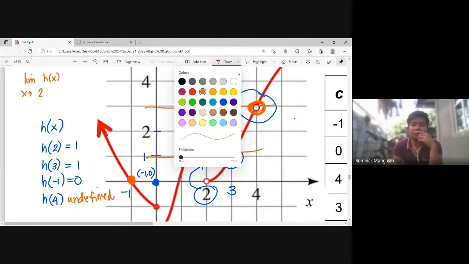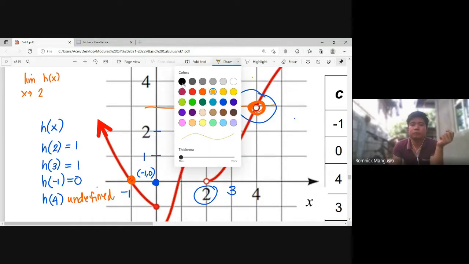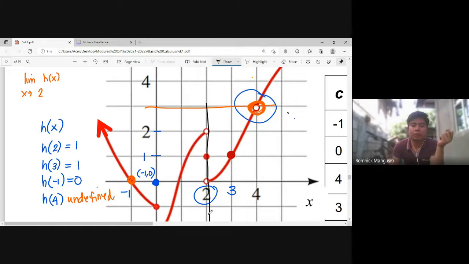Ang unang-unang pwede mong gawin dito ay pansinin mo na kung ito yung 2. Erase ko naman na to. Kung ito ang 2, ito ang left niya, ito ang right. Saan papunta ang left? Diba ang left ay papunta dito?